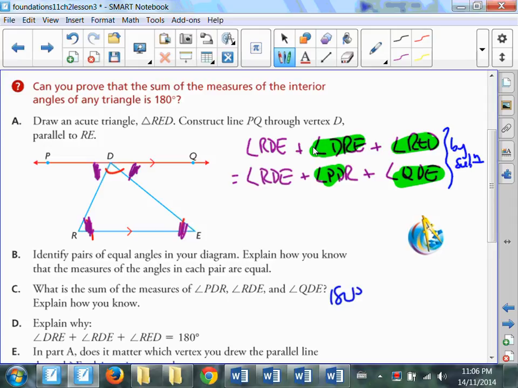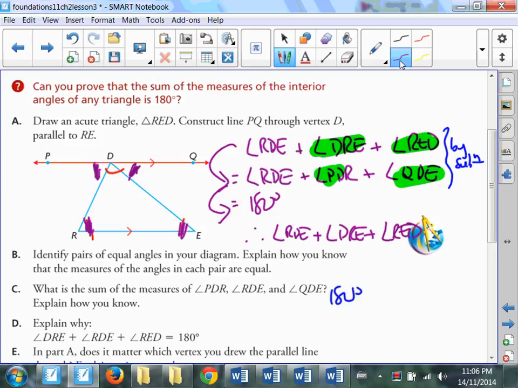Okay? Now that we've shown that by substitution, what we're going to do next is we already know that these three, in part C, we showed that these three things were equal to 180. So we said that this was equal to this, and then this is equal to 180. So therefore, angle RDE plus angle DRE plus angle RED are all equal to 180.